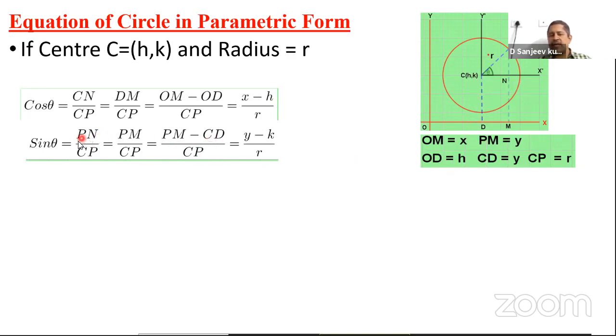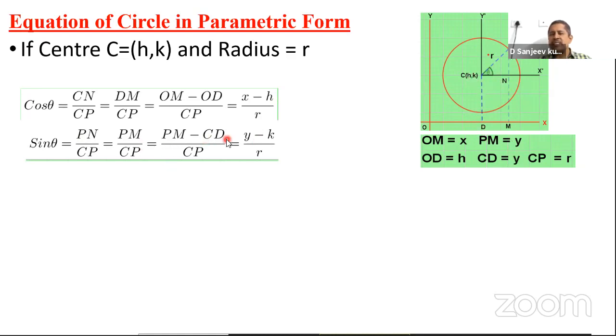Understood here? Now sin theta is nothing but Pn divided by Cp, opposite by hypotenuse. Pn is nothing but Pm minus Cd.